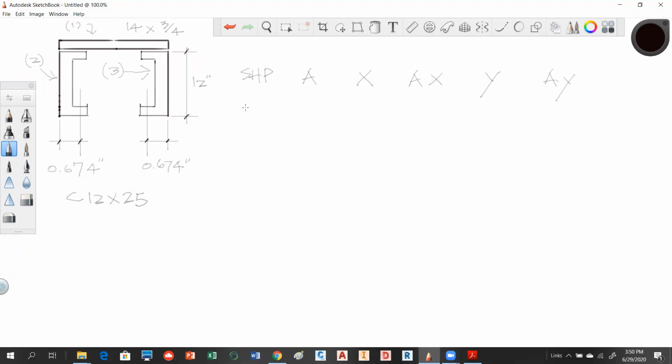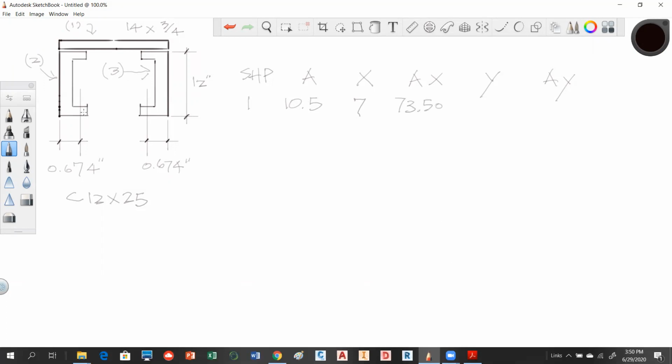Okay, so shape 1 has an area of 14 by 3/4. That will give us 10.5 square inches. So x is the distance from the origin to its centroidal y-axis. That would just be half of 14. So in this case, that's going to be 7. 7 times 10.5 yields 73.5.